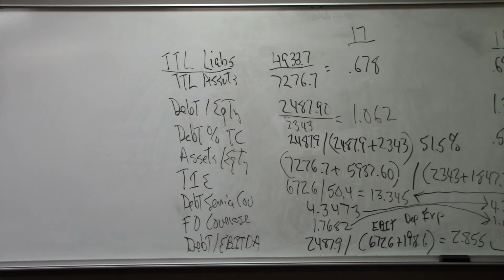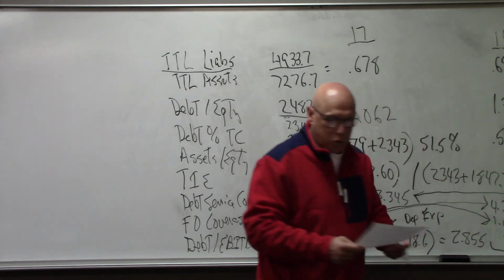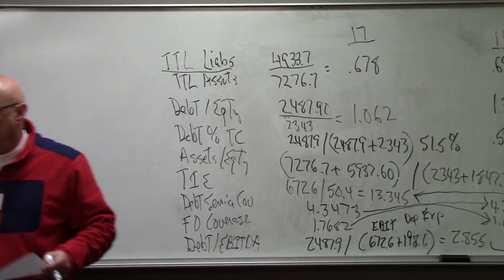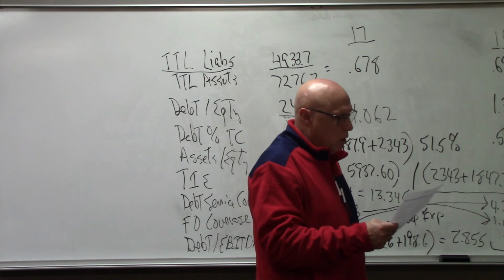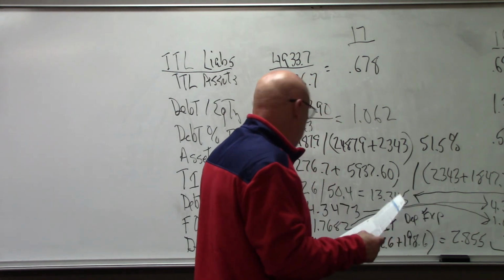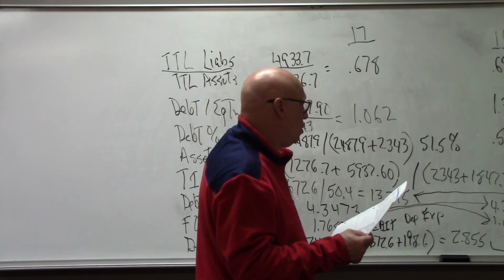So there's only one number that kind of looks weird, and it's times interest earned. The company's leverage decreased in 2017, but for some reason, their times interest earned went down, and that's not a good thing.